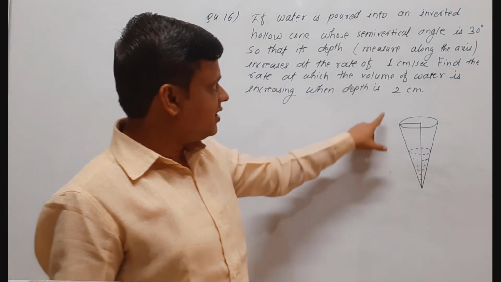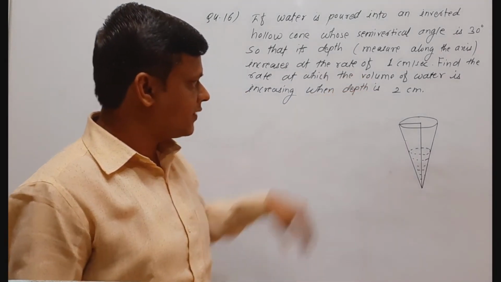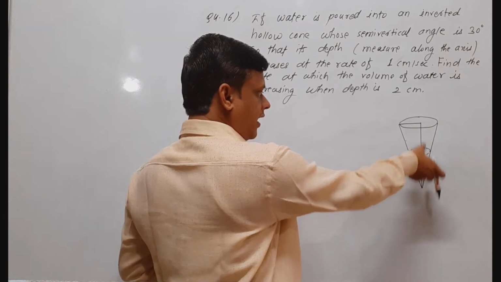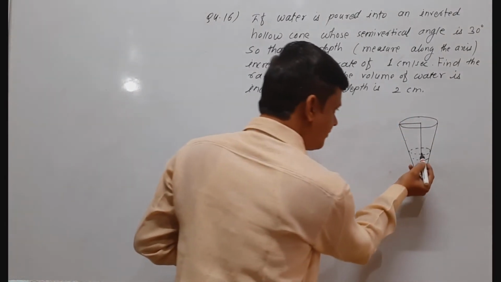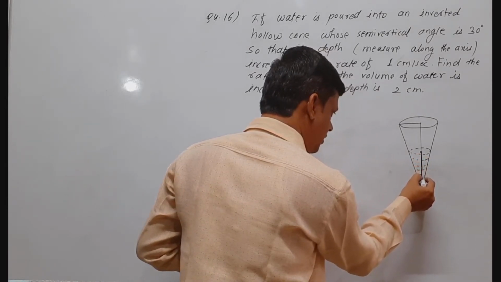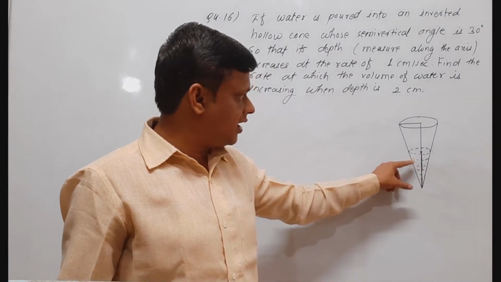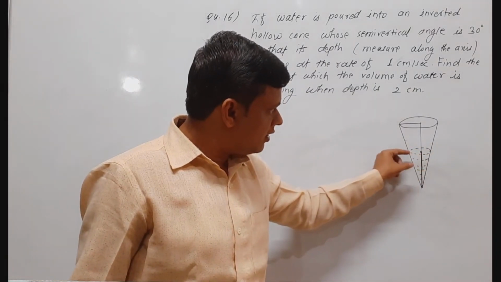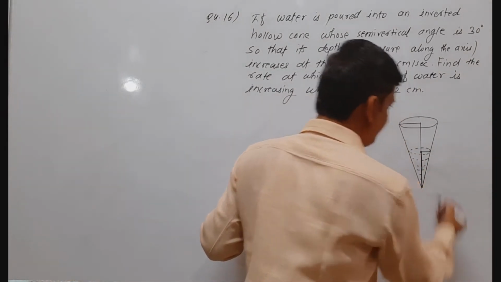So here we consider a cone which is inverted, then we pour water, and the depth of this cone increases, that is the height. So here the height of the water depth we consider h, then the radius we consider r.